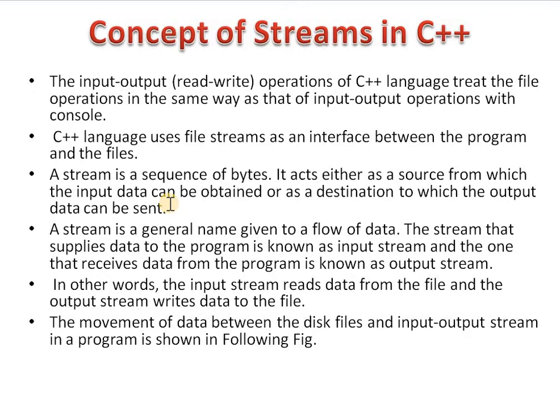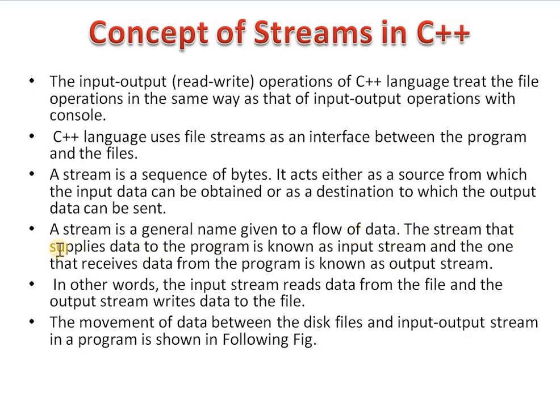The source side is where we provide the input data, and the destination is where we output the data. A stream is a general name given to a flow of data. Stream means a flow of data, a sequence of data.